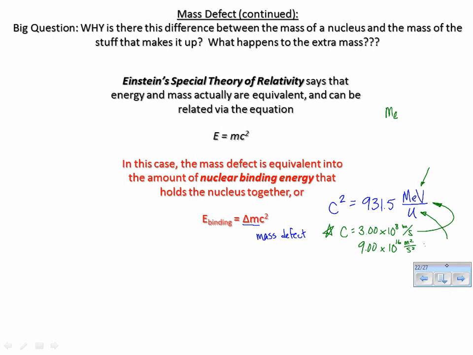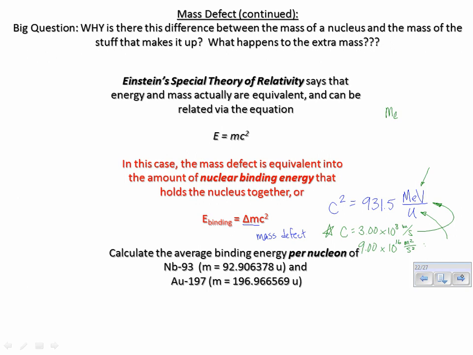So the only next step here is we can now calculate binding energies for nuclei, if we just take the mass defect and multiply by our value of c squared. The last little step is that we can find binding energy per nucleon.